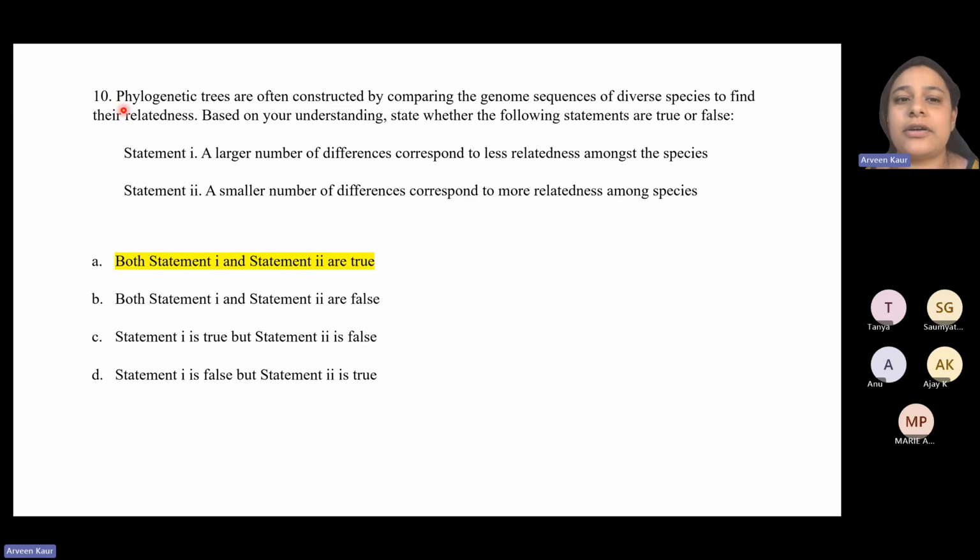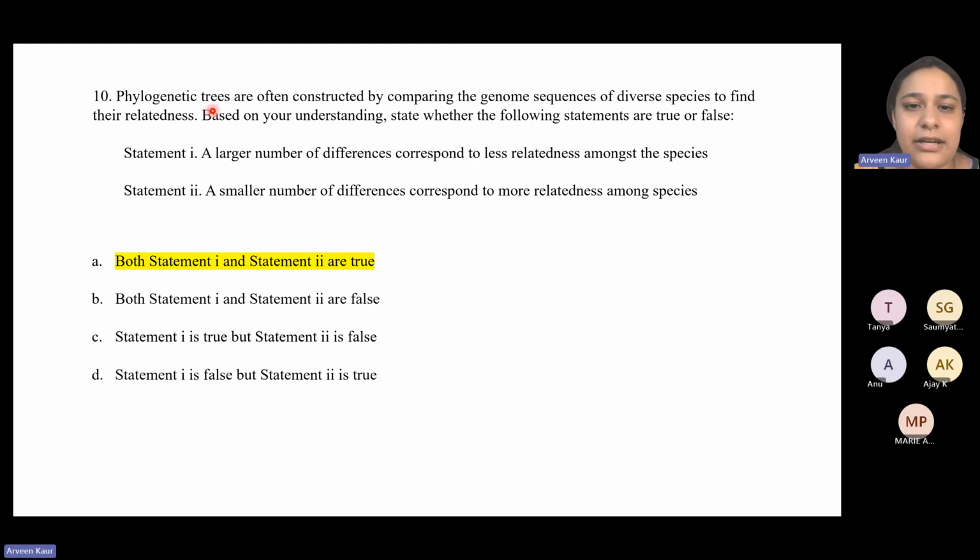But with respect to phylogenetic trees, that is how we are hypothesizing that maybe apes and humans are close by, and maybe dinosaurs and humans are not so close by, and apes and fish are again present at different distances from each other.